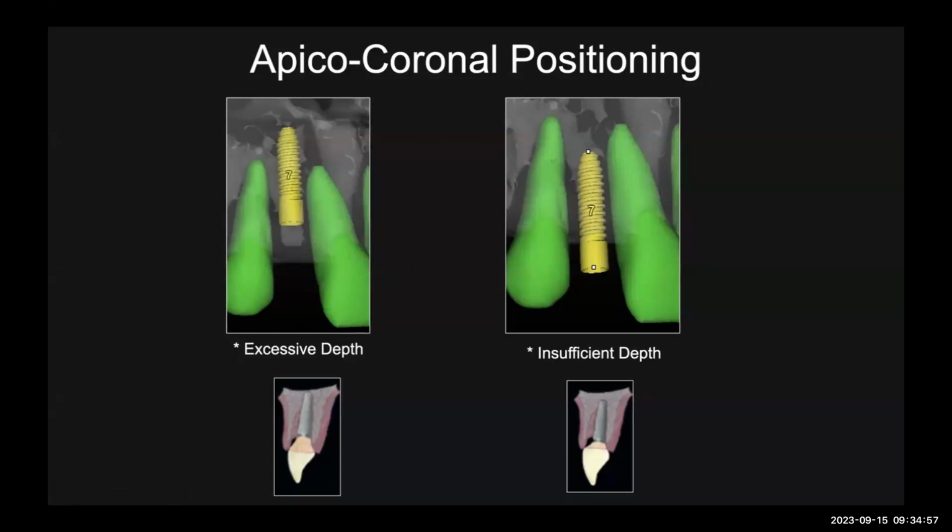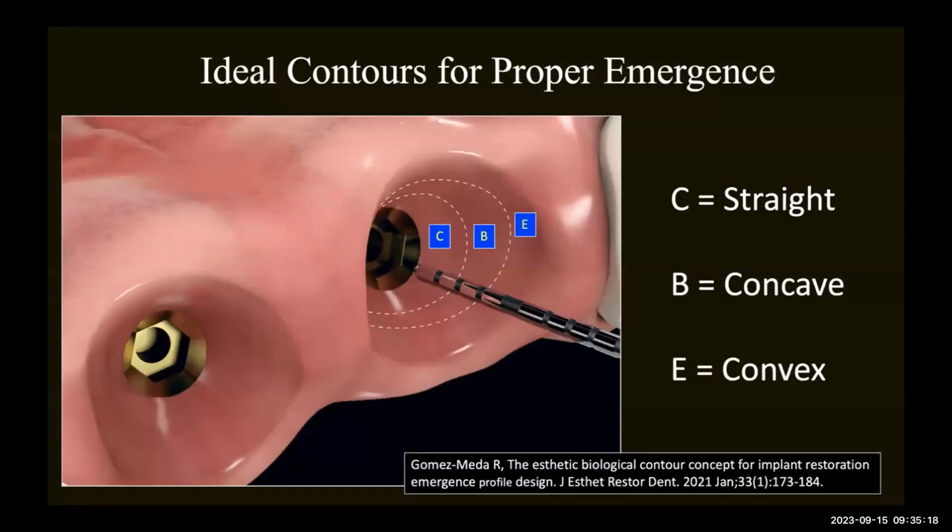But what ends up happening when you have excessive depth is that the bone on the mesial of this tooth, the distal of this tooth and the mesial of this tooth will actually remodel to the neck of the implant. So now we cause a black triangle and a periodontal problem on the adjacent teeth. So that's why running room came and went and really hasn't been well accepted.